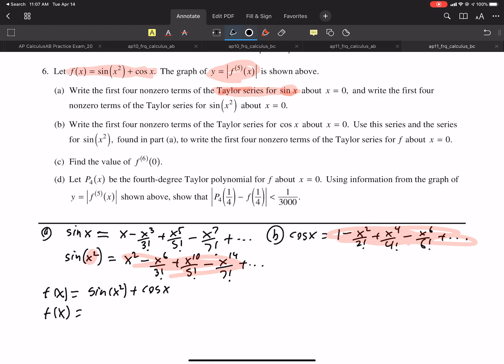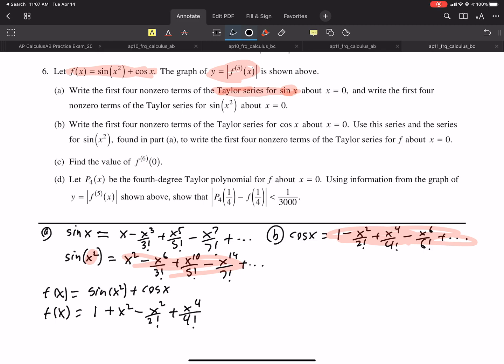So we're going to get a 1 from the cosine. And they both have an x squared. So I'm going to get an x squared from the sine and an x squared from the cosine. And then I have an x to the 4th from the cosine.